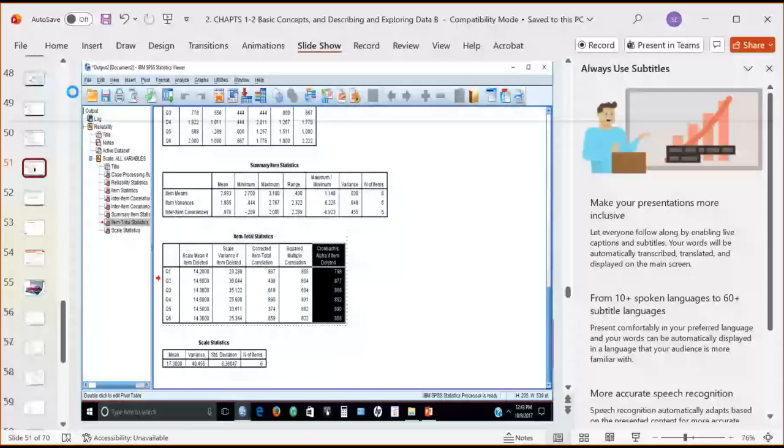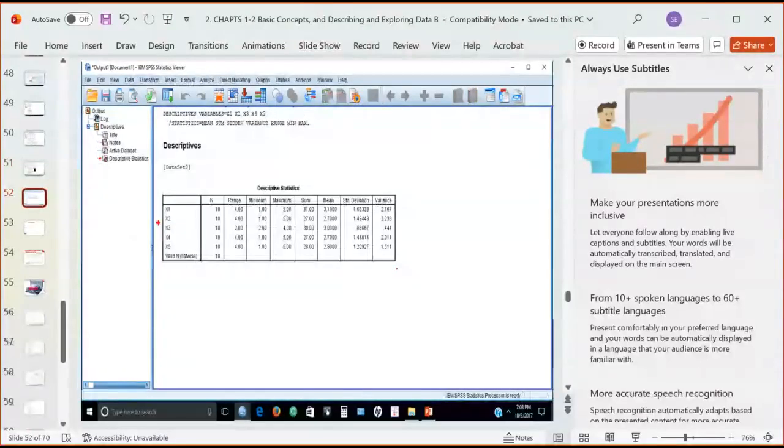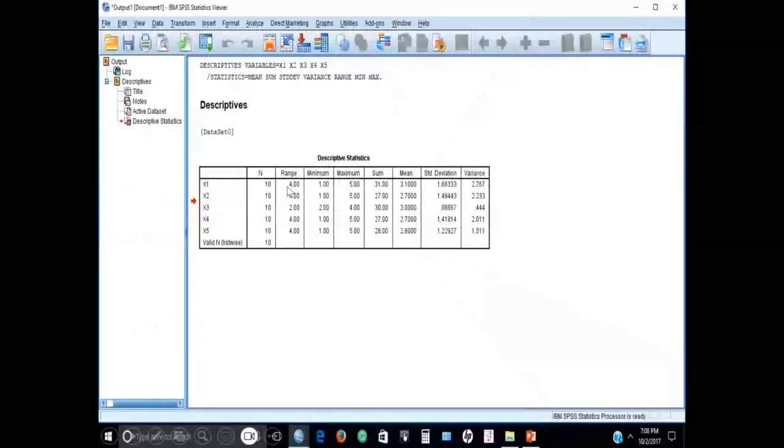Let's see what else we have. Also, if you did range, minimum, maximum, sum, mean, standard deviation, and also all these are your variance.